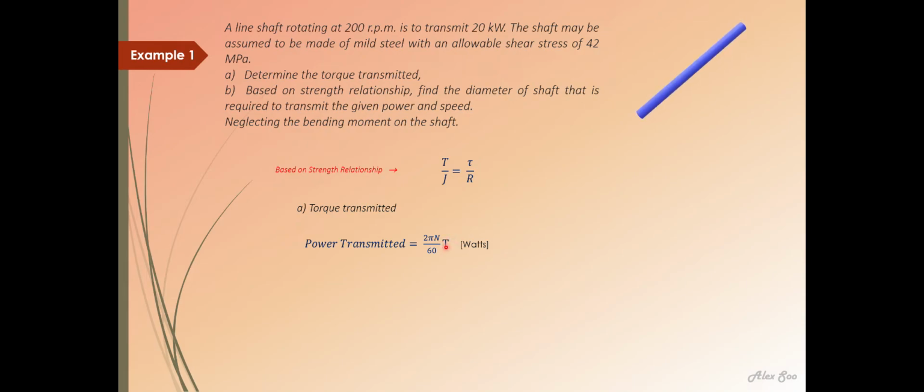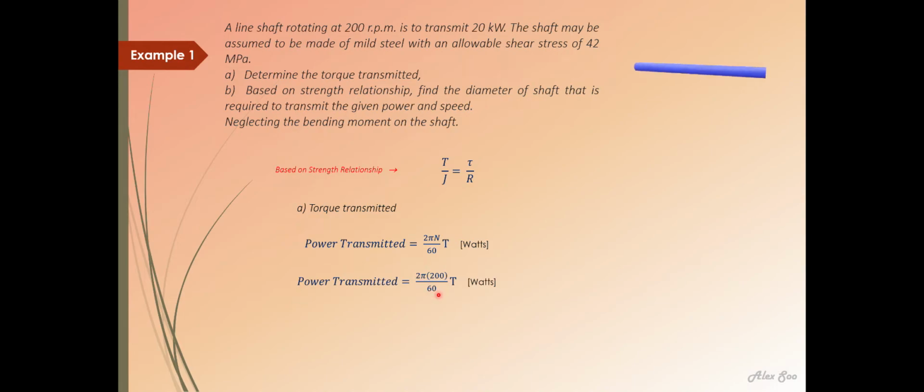Now we need to find the torque with the given power, that is 20 kilowatt, or 20 times 10 to the power of 3 watts, and n is 200 revolutions per minute.